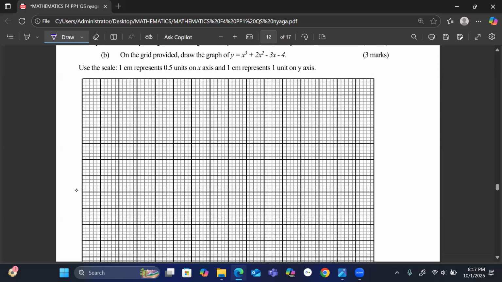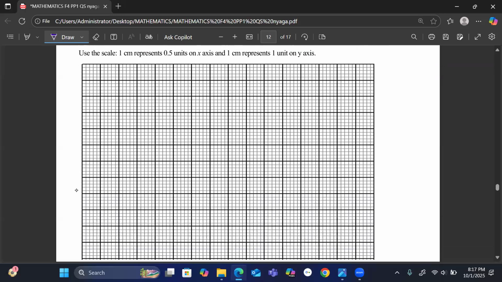So this is the graph book or paper. We are now supposed to draw. So remember, 1 centimeter for y. So we can draw the x-axis.